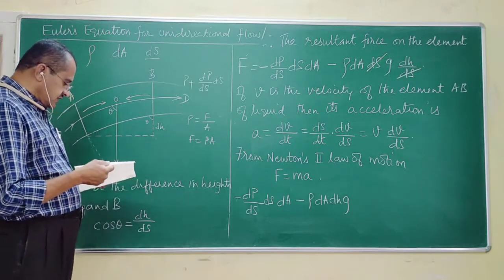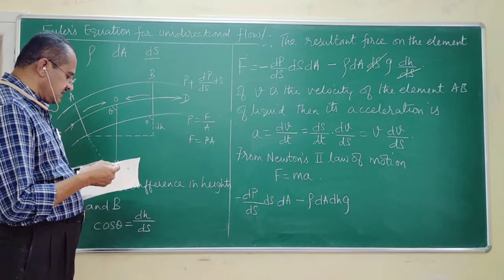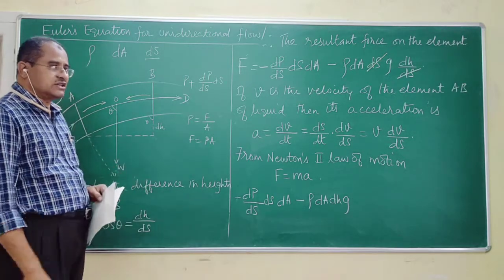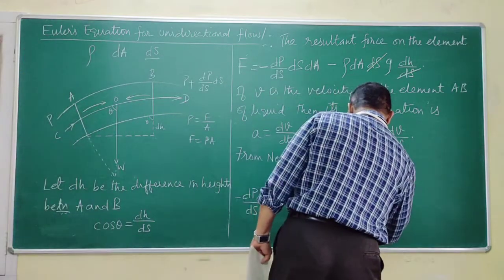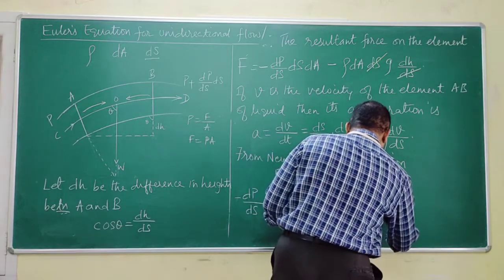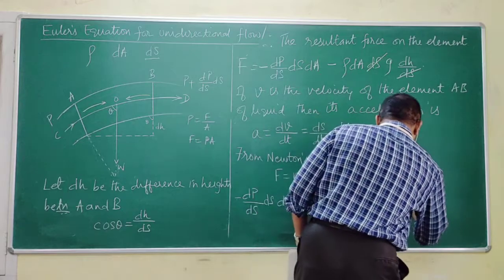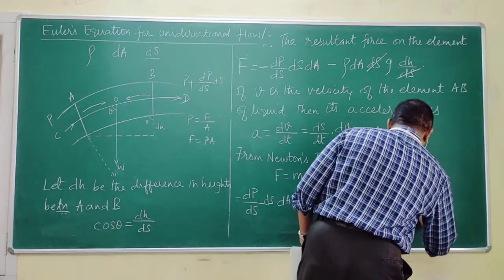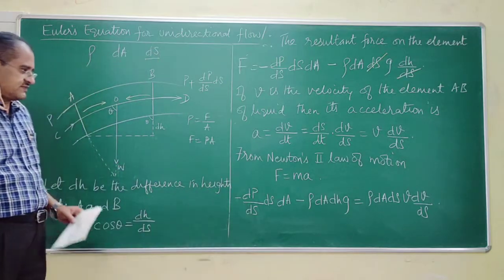And the mass of the element we have written as rho dA into ds. The acceleration is v dv by ds. I suppose you are able to follow what I am saying, sir.